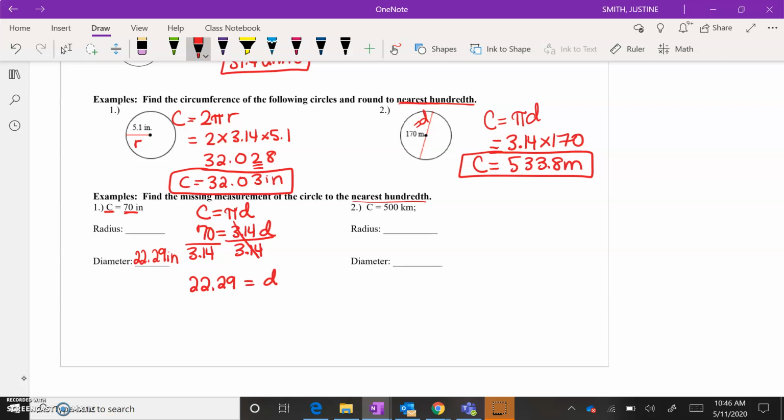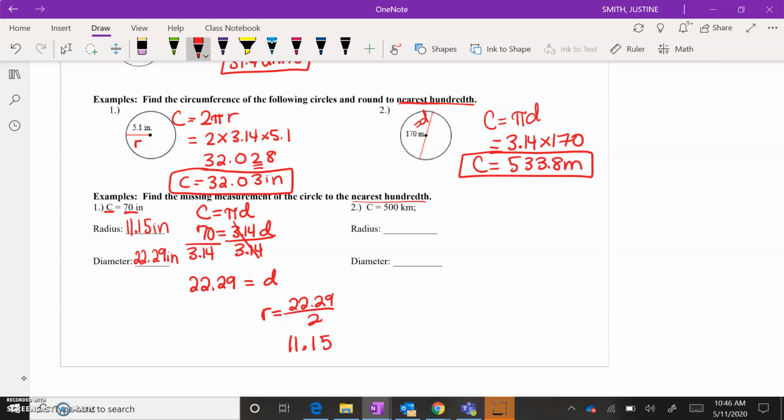So to get my radius, I'm just going to take the diameter and divide it by 2. Okay, so that's going to give me 11.145. So that would be 11.15 when I round it to the nearest hundredth. Okay, so 11.15 inches.